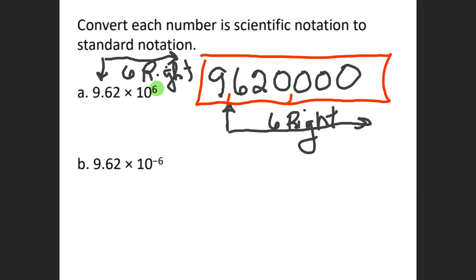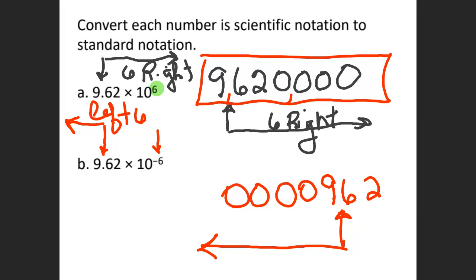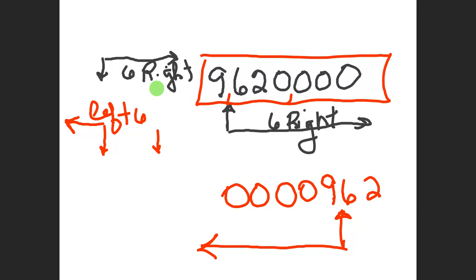Now this one, okay, this has got a negative, which means this decimal is going to the left 6 places, which means I'm going to write 962, but this decimal is going left. So I have 1, 2, 3, 4, 5, 6.